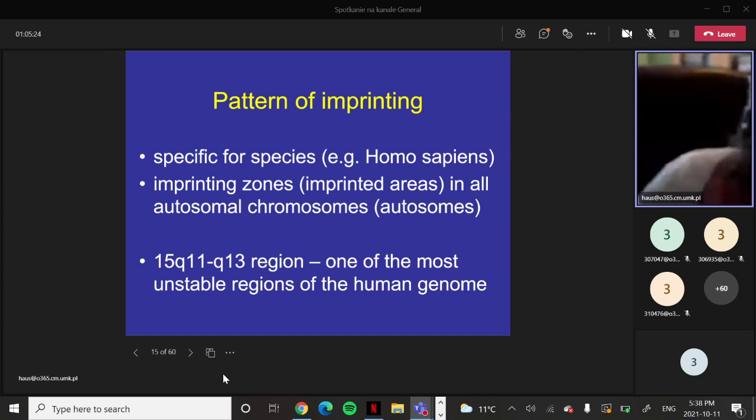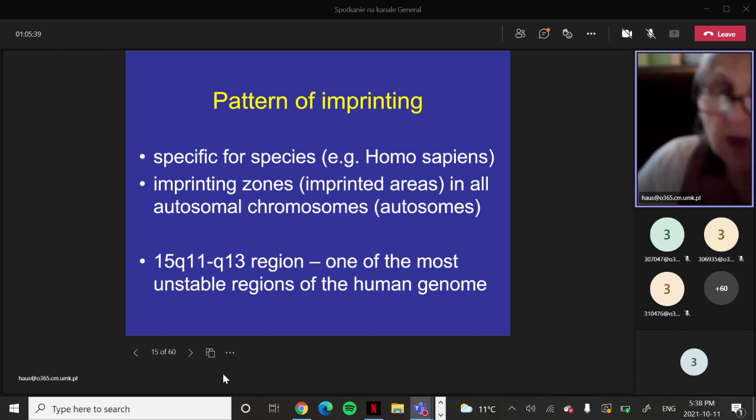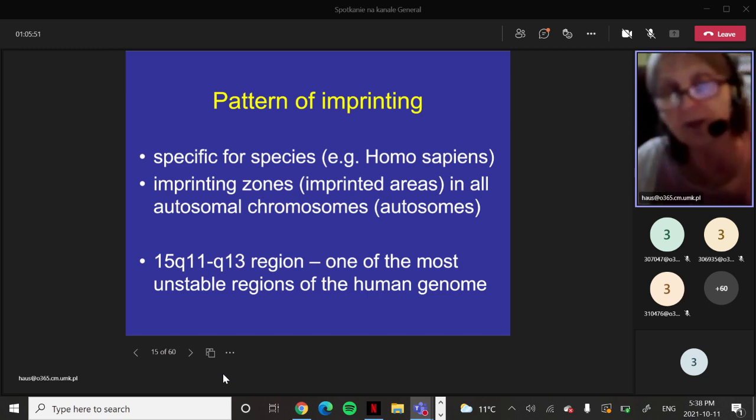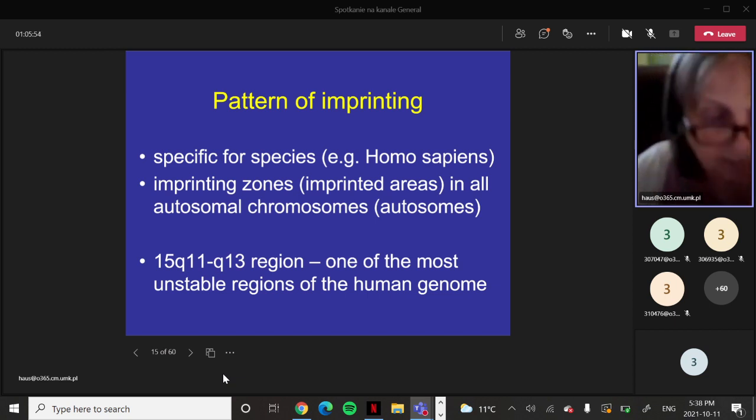And the region which is situated on the long arm of chromosome 15, 15q11-q13, is one of the most unstable regions of the human genome, which means in this case that all genes in this region are imprinted, have one allele which is imprinted.